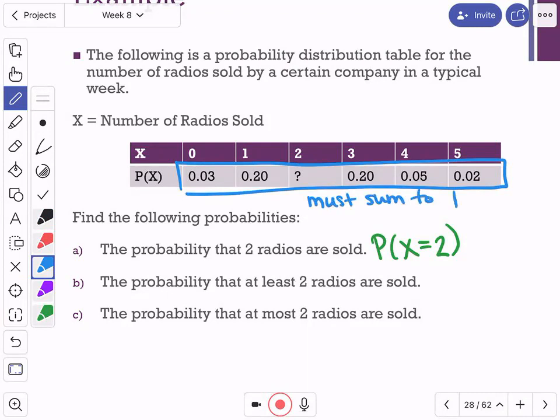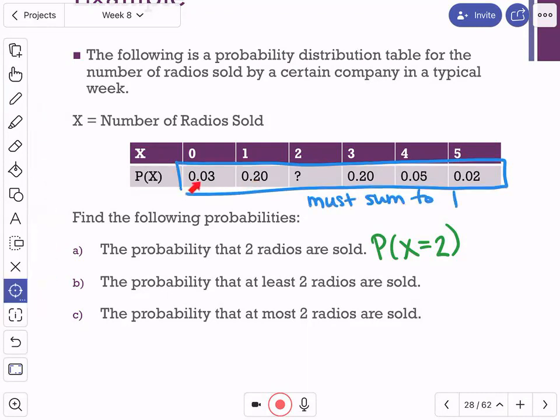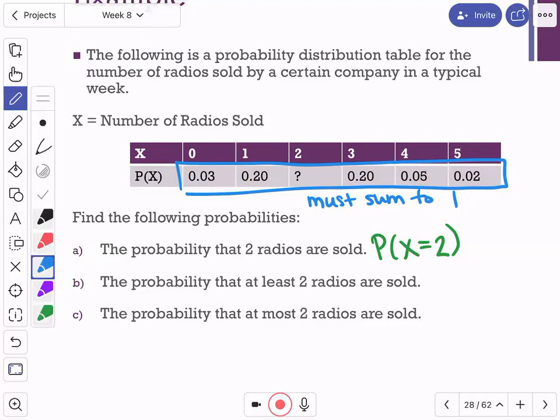Well, how much do I have right now? 0.3, 0.23, 0.43, 0.50. So this is 50% already in the table. How much is missing then? 50%, so this is just 0.50. If you add them all up, they should add up to 1.